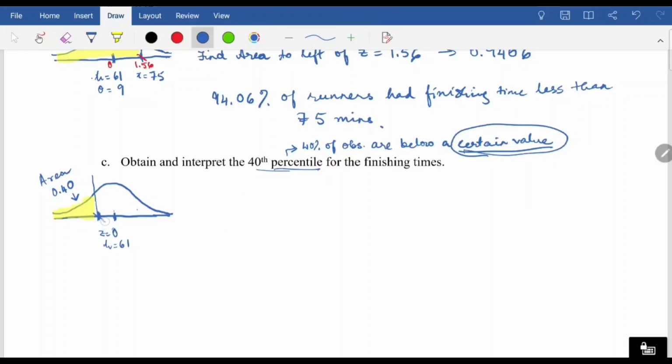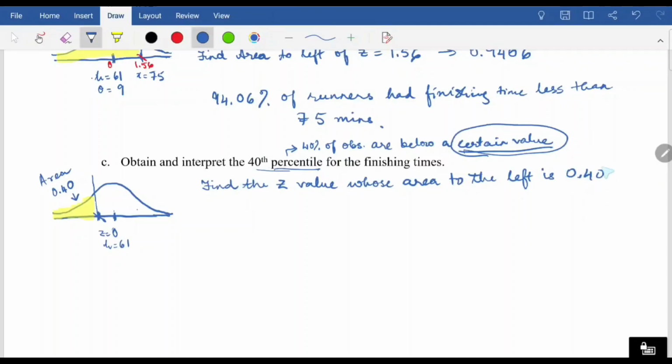Okay, and we have to now find the z value whose area to the left is 0.40. Excuse me, I misstated earlier. Find the z value whose area to the left is 0.40. Again, let me repeat this.